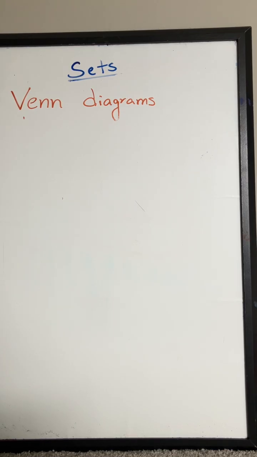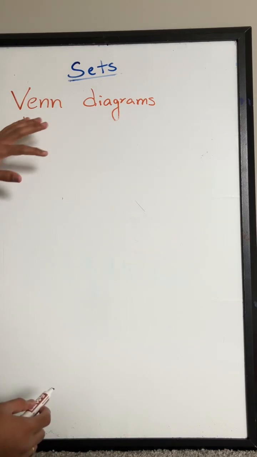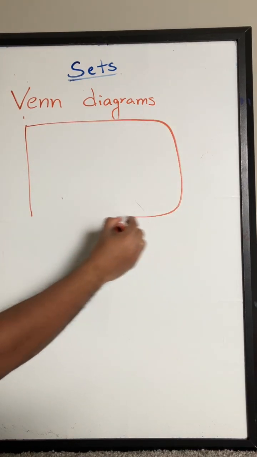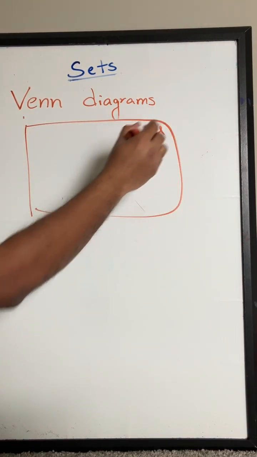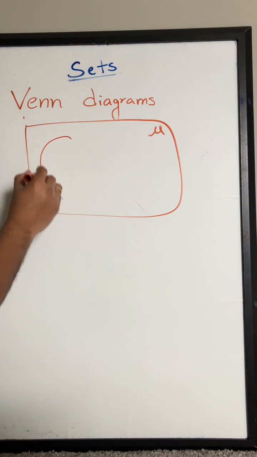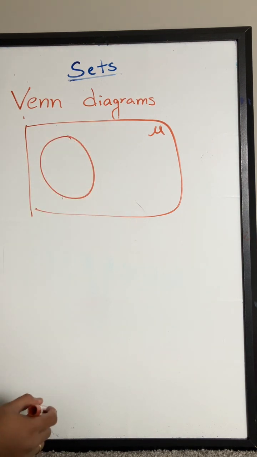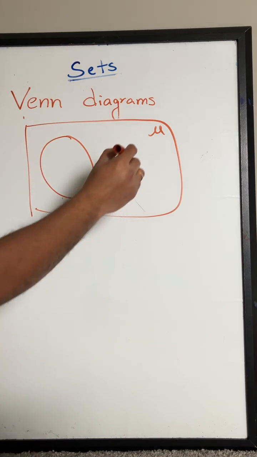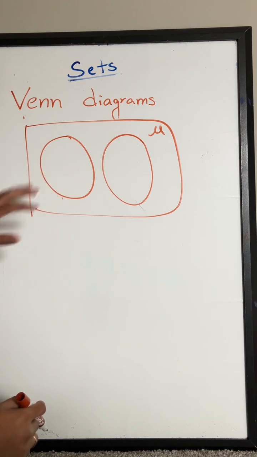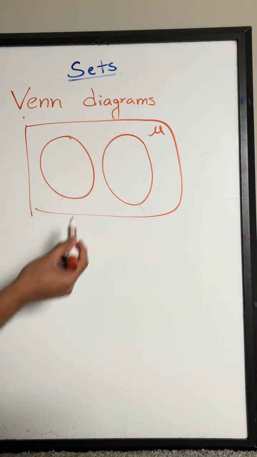Okay, let's do the simple recap. So what is a Venn diagram? A Venn diagram has a big box which is the universal set mu, and let's take two circles. Your 10th class board deals with only two sets. So when you have two sets, what are the types?